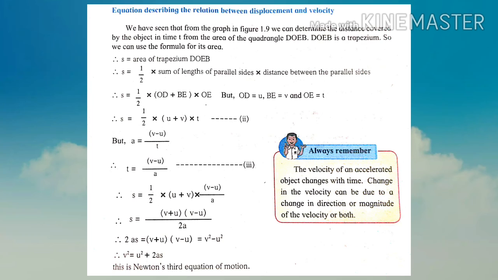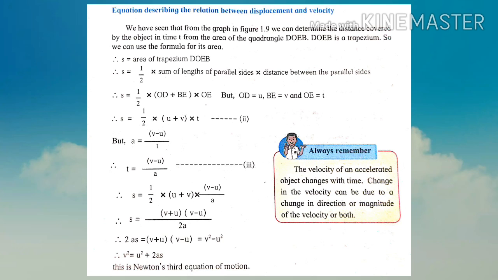If we put in values, we get s is equal to half into u plus v into t, but we know that a is equal to v minus u divided by t, therefore t is equal to v minus u divided by a. Substitute this in the above equation, we get s is equal to half into u plus v into v minus u divided by a. Therefore s is equal to v plus u, another bracket, v minus u divided by 2a.